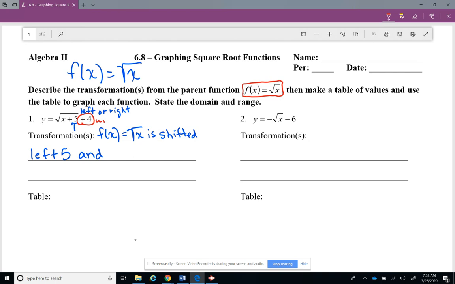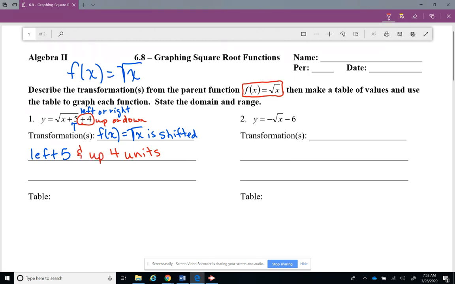That tells you whether you're going to go up or down. So that's going to be 4 units up. So let's read this. f of x equals the square root of x is shifted left 5 and up 4 units. I want to write it like that instead of 4 units up.